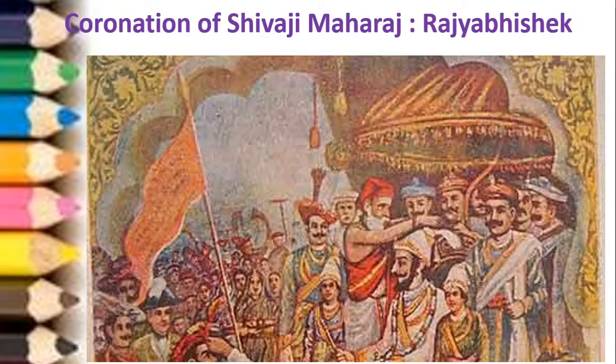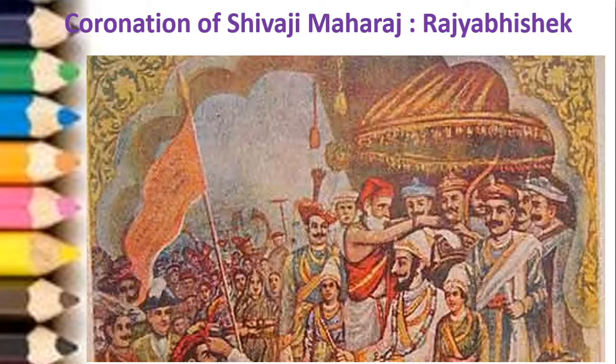For example, one such event is the coronation of Chhatrapati Shivaji Maharaj. So when Chhatrapati Shivaji Maharaj was coronated, that is when he was declared a king, from there a new era began which was called the Rajyabhishek Shaka.